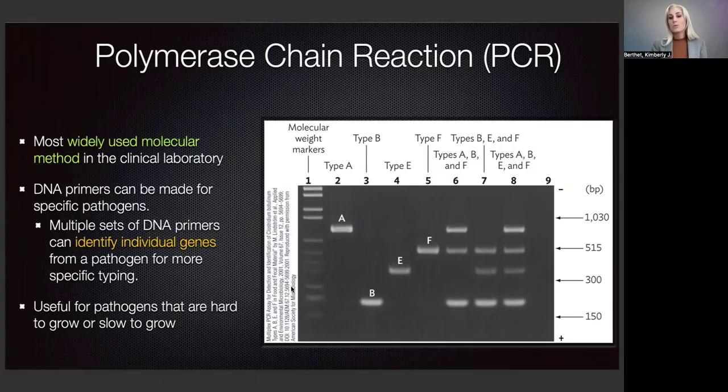Let's say we want to identify virulence factors from a microorganism. We can look at these different types, like type A, type B, type E, type F, and identify them. So we would amplify them with primers that amplify these specific areas, then run them on a gel.